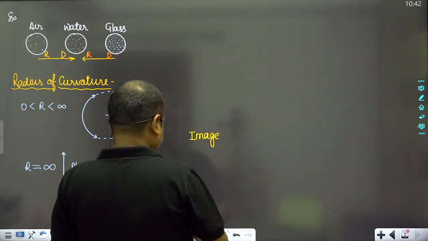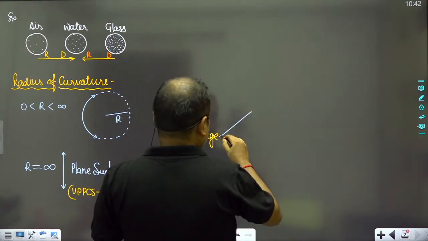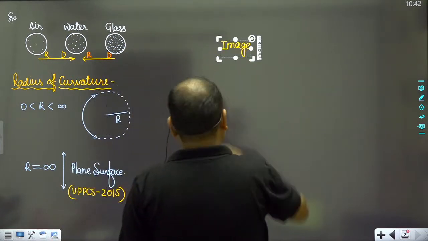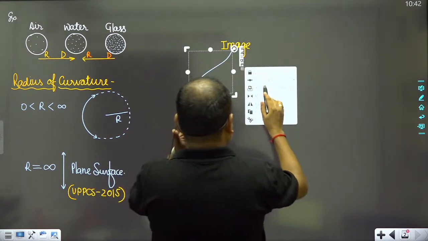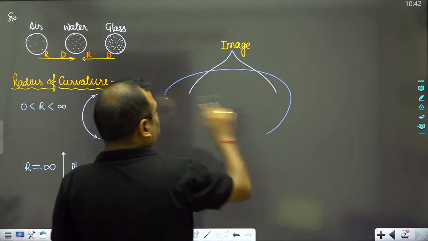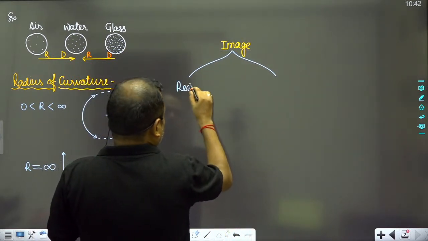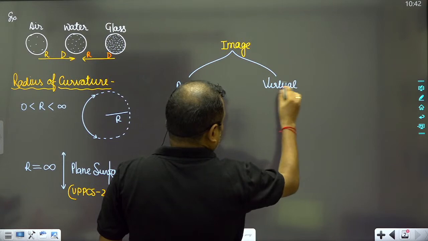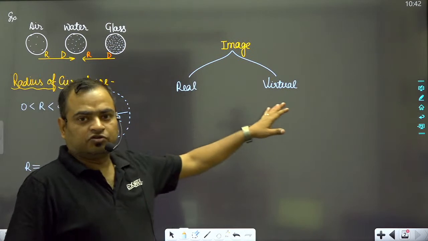Suppose that there are two types of images. One is real image, and another is virtual image.